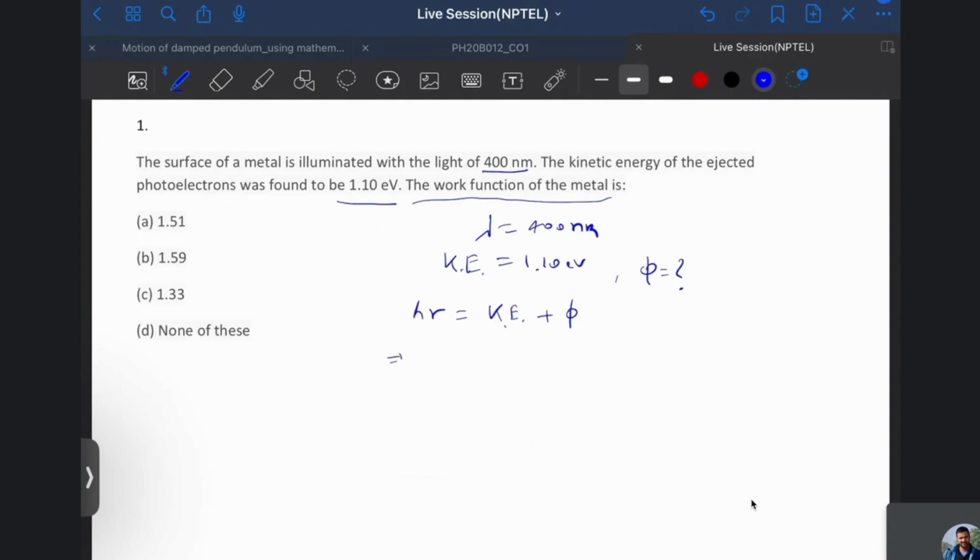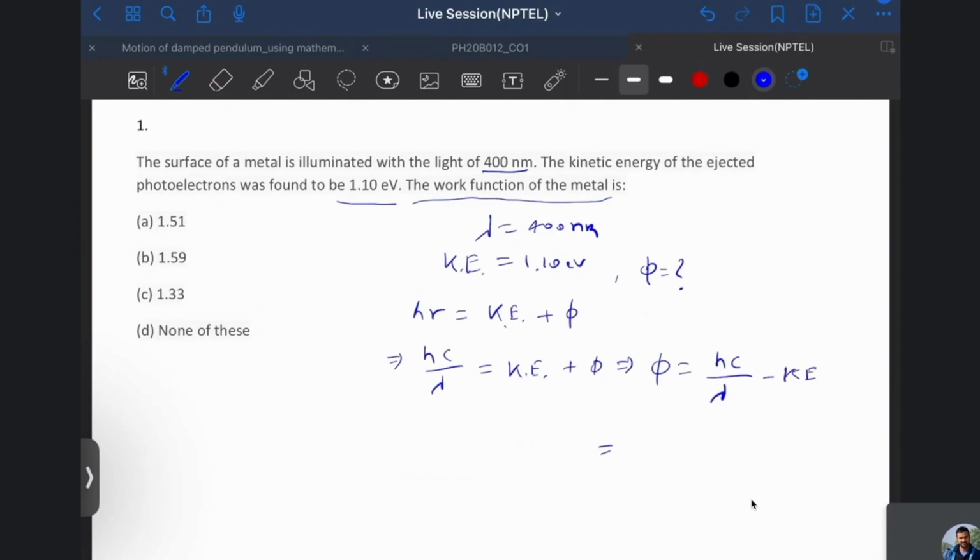And you can write it as hc by lambda is equal to kinetic energy plus phi. So work function is hc by lambda minus kinetic energy.